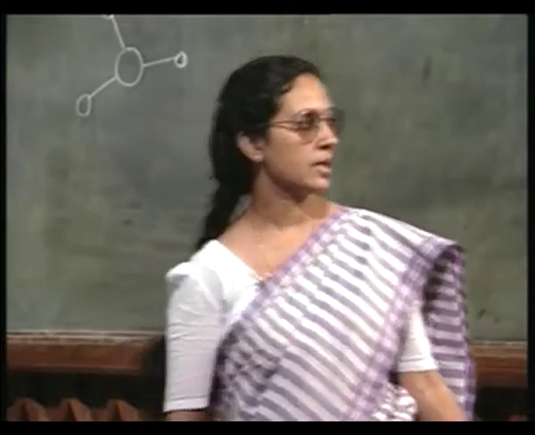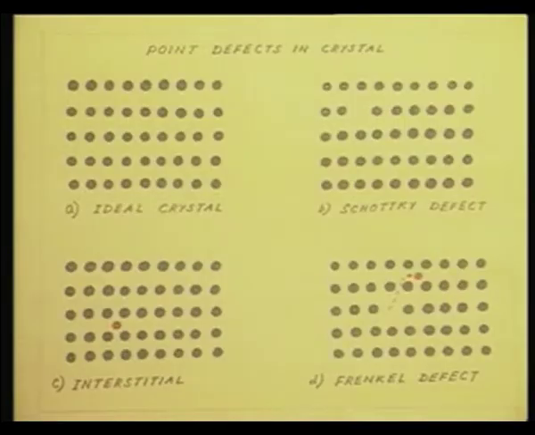What are these isolated defects? Here I have a 2-dimensional representation of an ideal crystal lattice, with only 2 axes. So, you can see it is a regular arrangement of atoms. This is my ideal crystal.